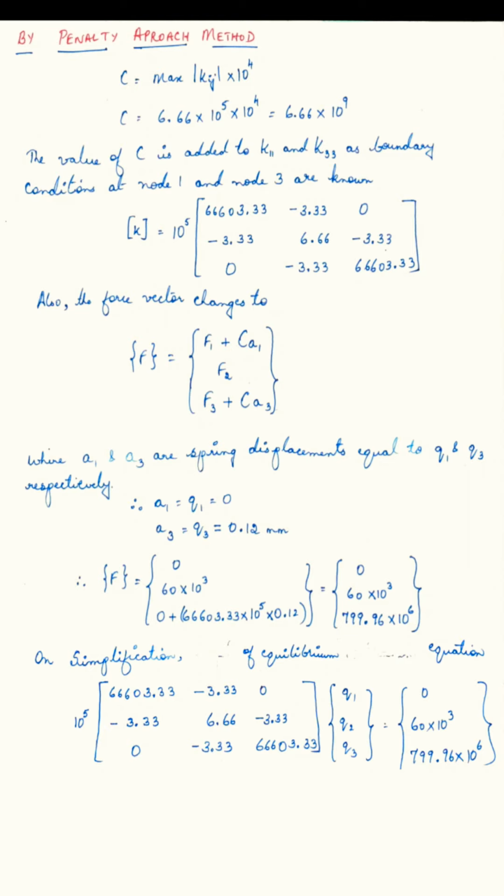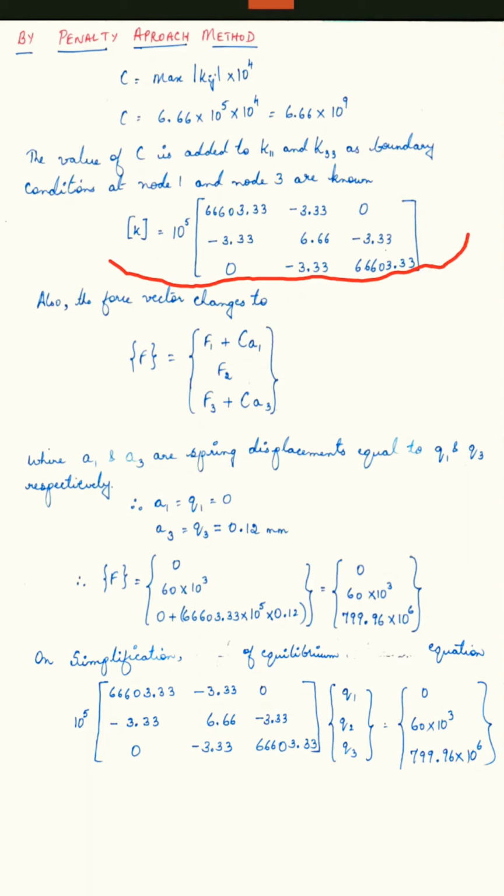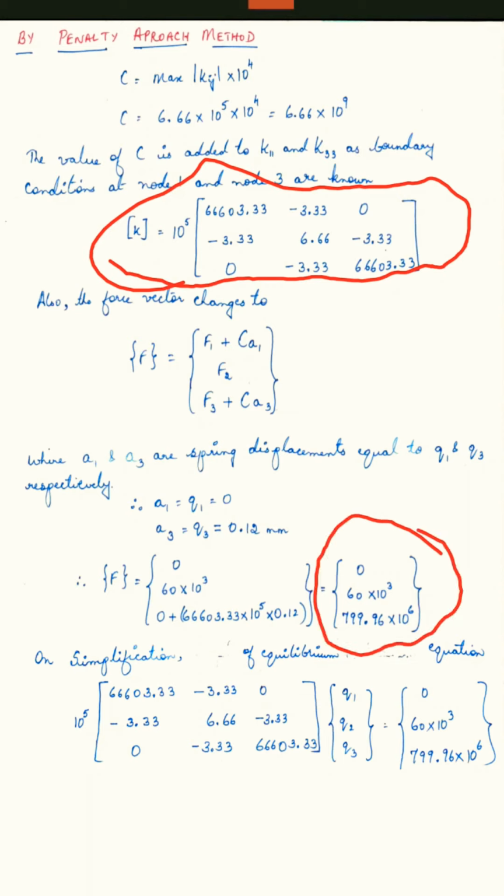The K value, the modified global stiffness matrix, will be considered with 66603.33 at K11 and K33 locations. This is the matrix that we consider for the equilibrium condition, and the force vector will consider the vector with CA1 and CA3 added.